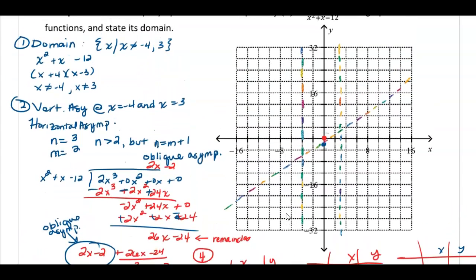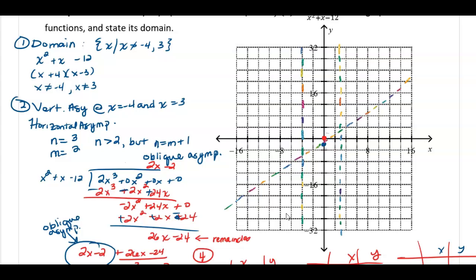So -5 is right here. -31.25, so way up here. All right, then we have -6, which is right here, and then -24, which is right here. Oops, I'm going positive. What am I thinking?